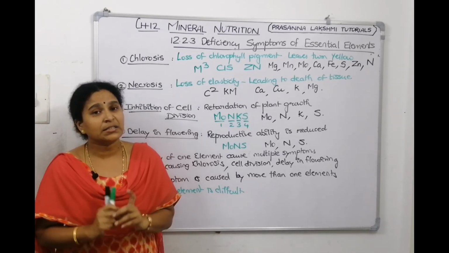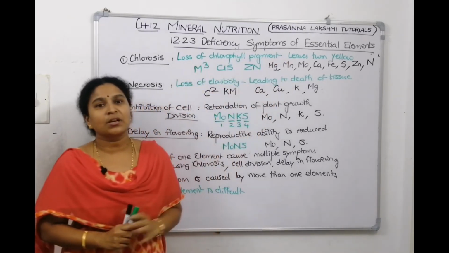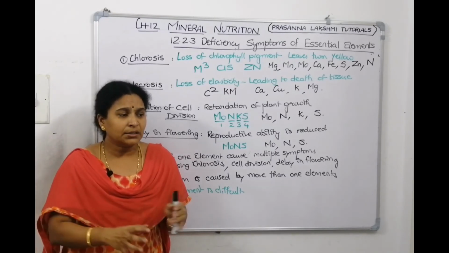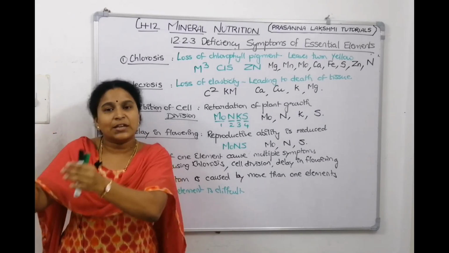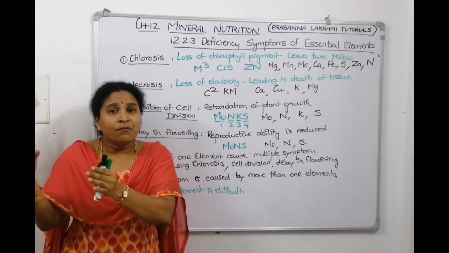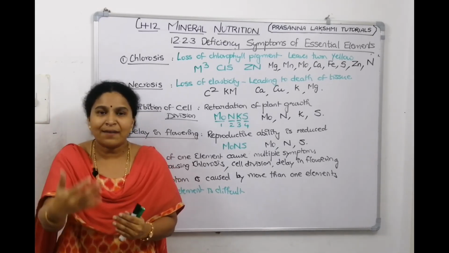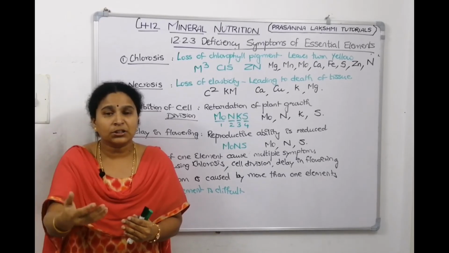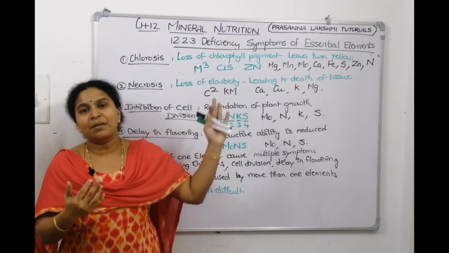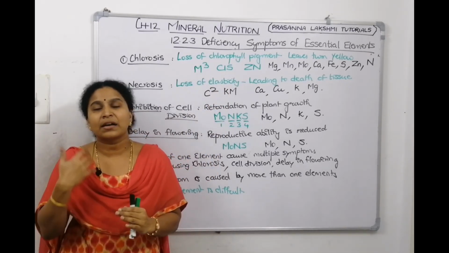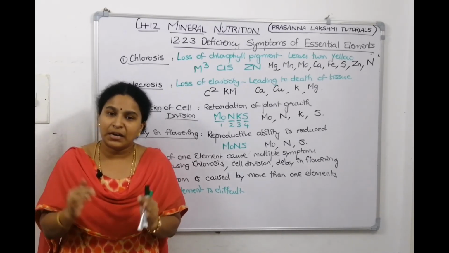Understood? What did we discuss in today's class? We were talking about deficiency symptoms of essential elements. In that, we tried to understand what is optimal concentration, critical concentration, and deficient concentration. Then the plant will show symptoms, like if I am getting a cold, I will have some symptoms. The plant will show morphological changes, and looking at the symptom, we can tell which element's deficiency it is. If you provide it, the plant will come back. If you don't, and the deprivation continues, the plant can even die.